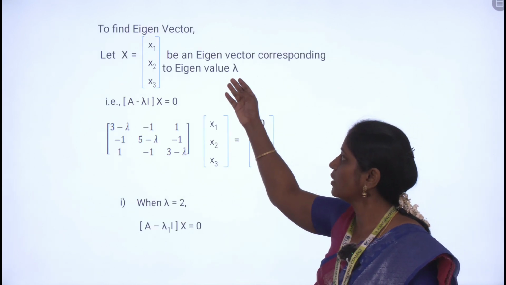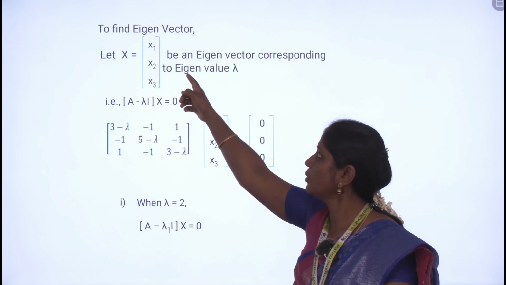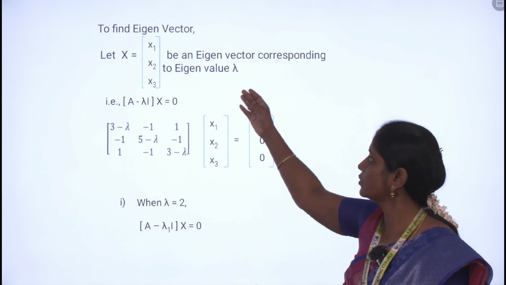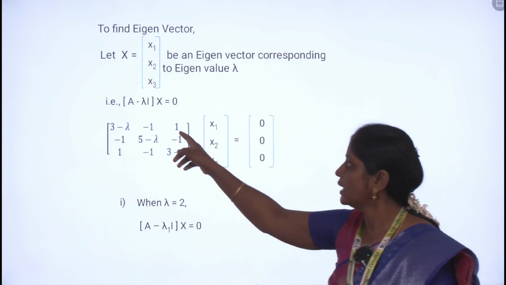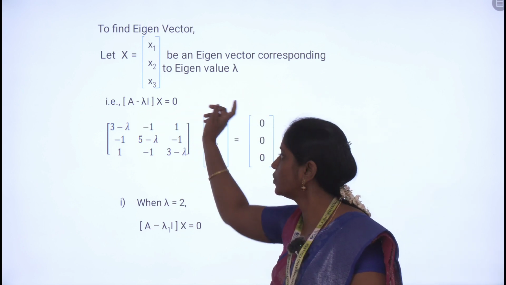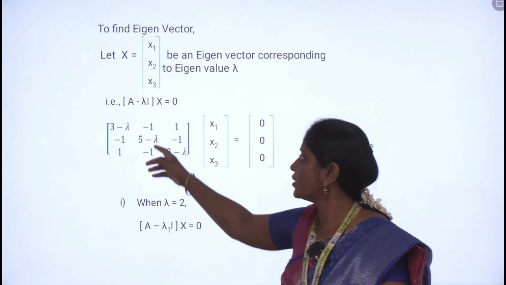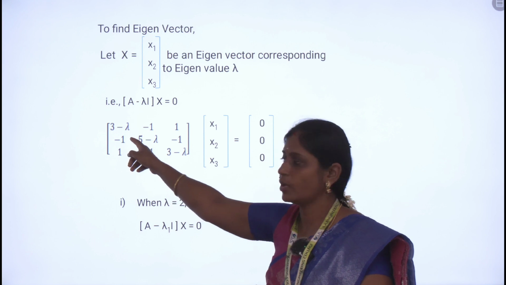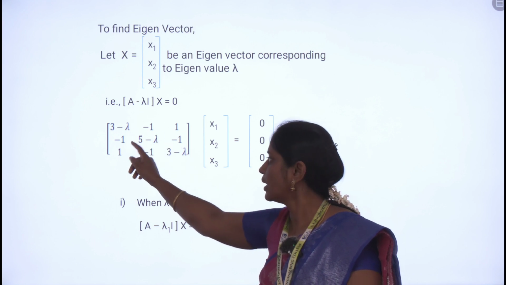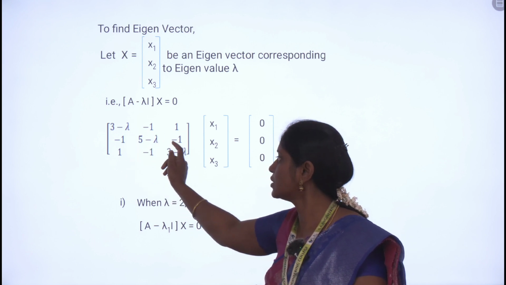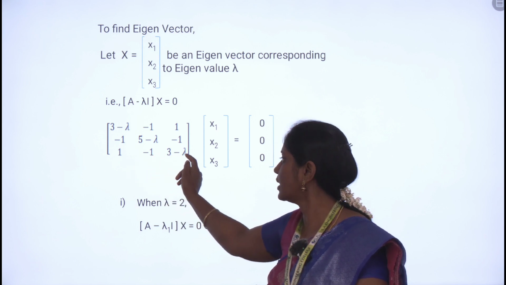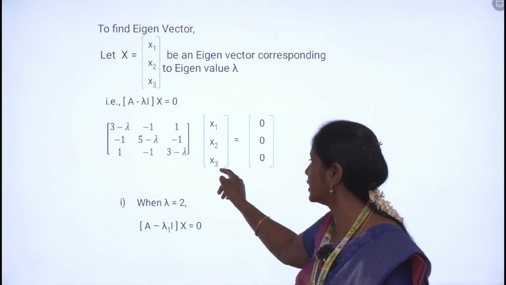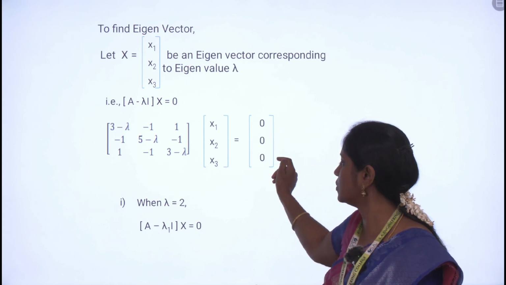To find the eigenvector, let x equal to x1, x2, x3 be an eigenvector corresponding to the eigenvalue lambda. A minus lambda I, x equal to 0. We already know the matrix A, and A minus lambda I is [3 minus lambda, -1, 1; -1, 5 minus lambda, -1; 1, -1, 3 minus lambda] into the column matrix x1, x2, x3 equal to 0, 0, 0.